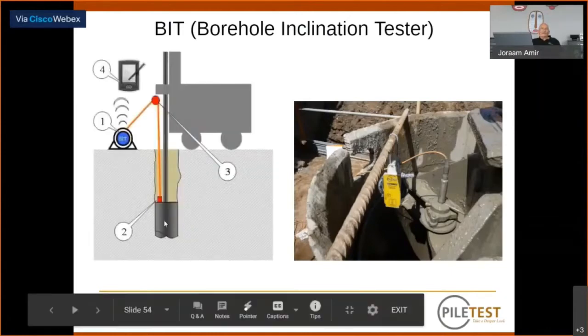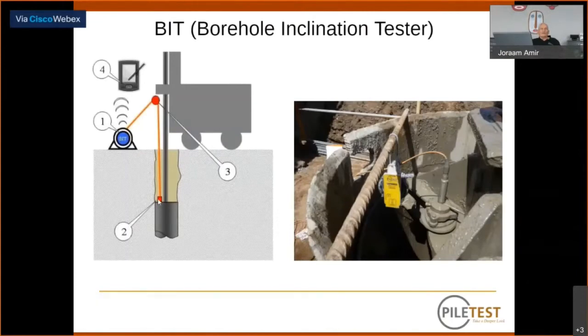Here you see the drilling bucket with the bit mounted on it. This is the instrument, the automatic depth meter, and this is our smartphone in our pocket that runs the whole operation and stores the data, transmitting it to the cloud if necessary.